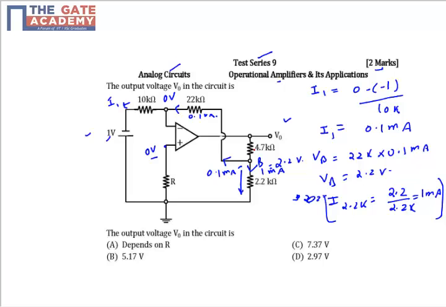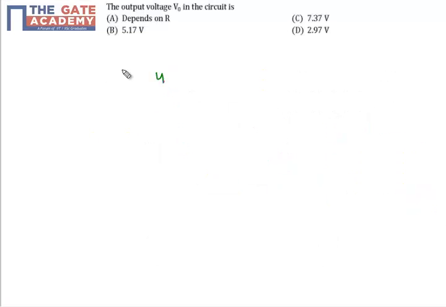So from higher to lower voltage, 1 milliampere current is here and 0.1 milliampere current is here. So what is the total current across 4.7? The total current across 4.7 will be 1.1 milliampere. So what is the voltage drop across 4.7? The voltage drop across the 4.7 kilo ohm resistor will be 1.1 multiplied by 4.7.